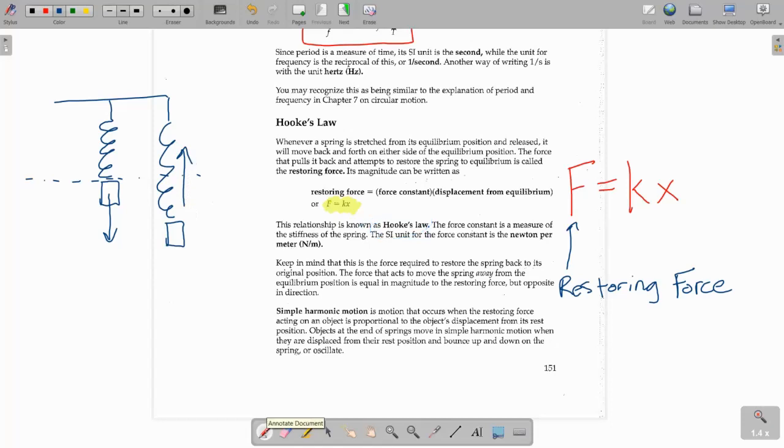Now, K, you'll notice that they are using the term force constant, but this is what we refer to as the spring constant. It's just another term for it, but we will use spring constant in here. That's measured in newtons per meter, so you can see the units right here.